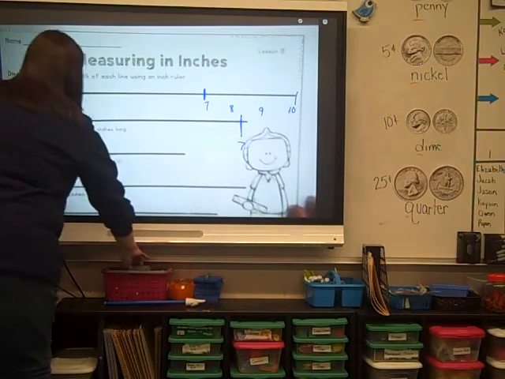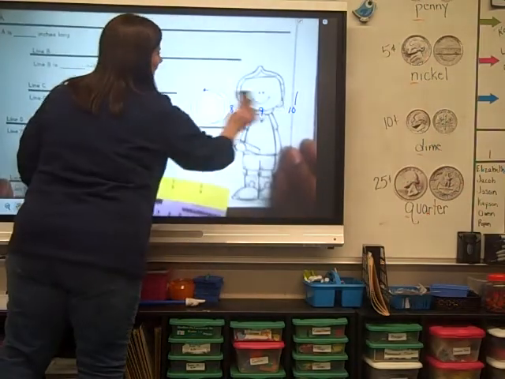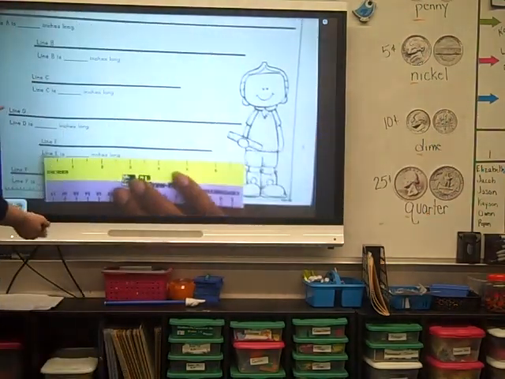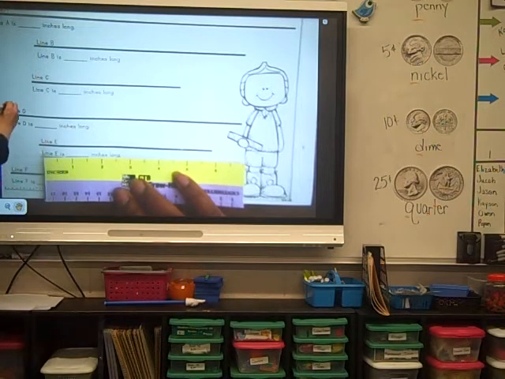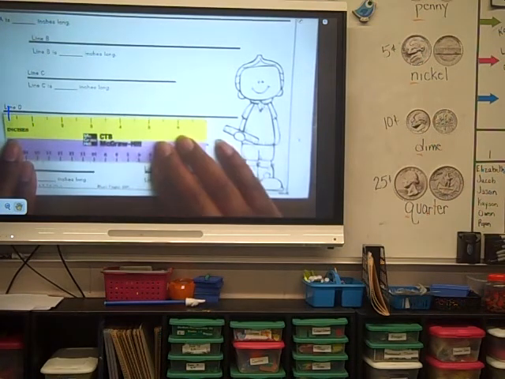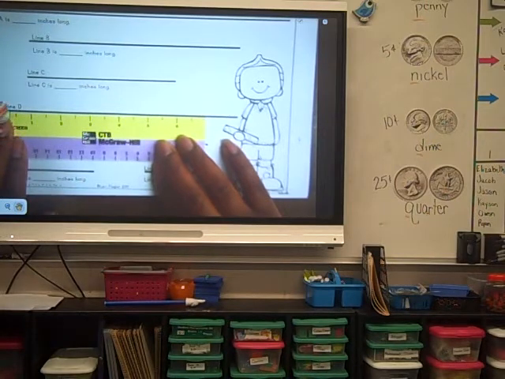All right, I've got to erase and move it up. All right, we're ready for line D. Here's line D. Line it up with that line. Doesn't look like our ruler is long enough this time. Again, so let's go all the way down to the edge.